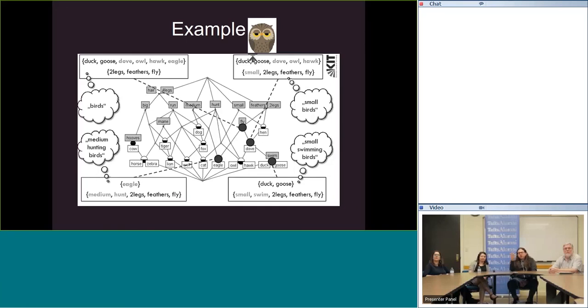But once you have that, you can run this method and it extracts a picture like what you're seeing, where you can start to identify that, latent in this data, there's this notion of predatory birds, or there's this notion of other types of bird, and then from this you can put together the features in the matrix with concepts that you know intuitively about the things in the matrix.